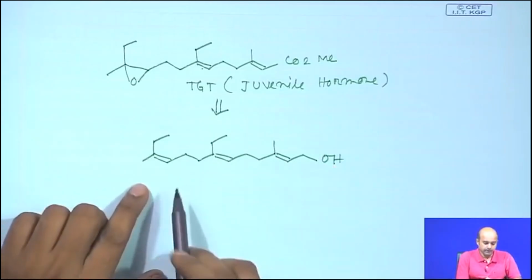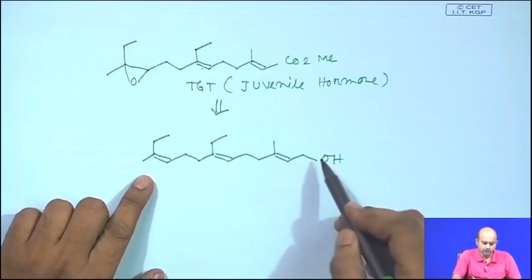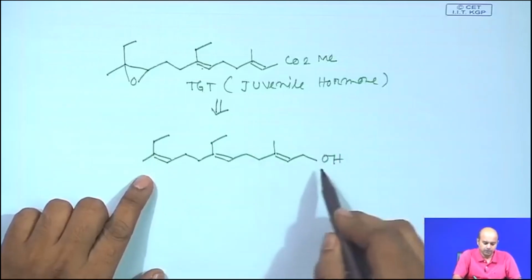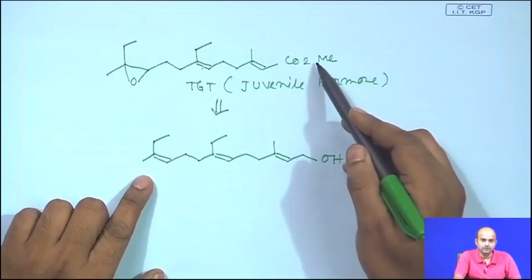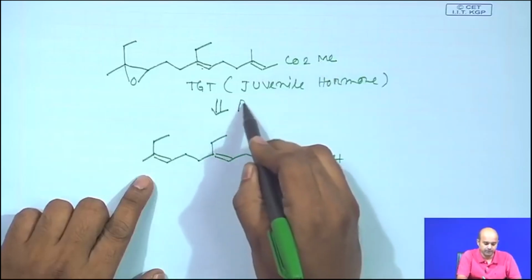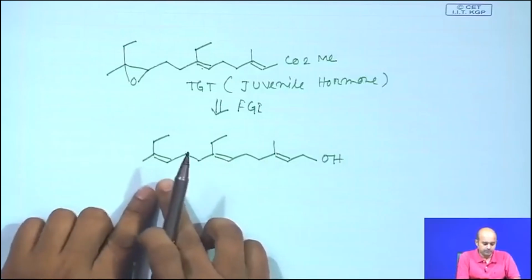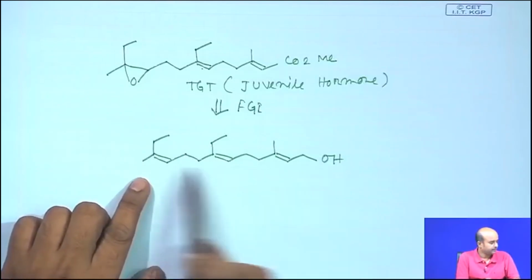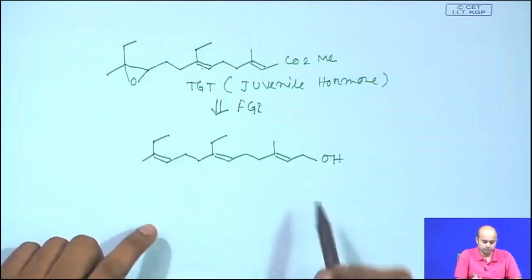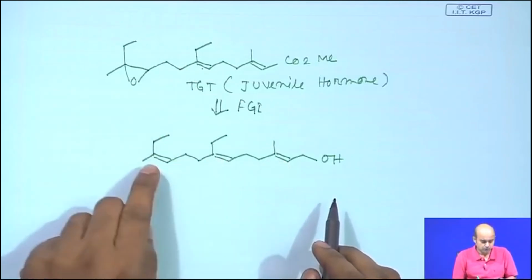Now, how? If you analyze the molecule, the final end is an allylic alcohol. So, allylic alcohol can be oxidized to the corresponding acid, and then the acid can be converted to the corresponding ester by a simple FGI. Now, in this compound there are 3 double bonds, 1, 2, 3.